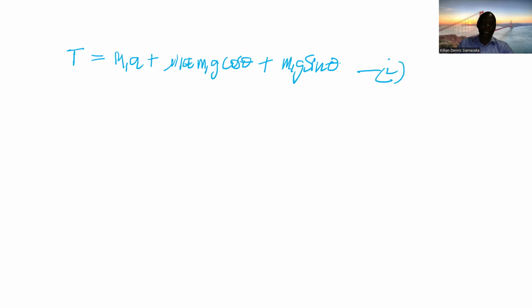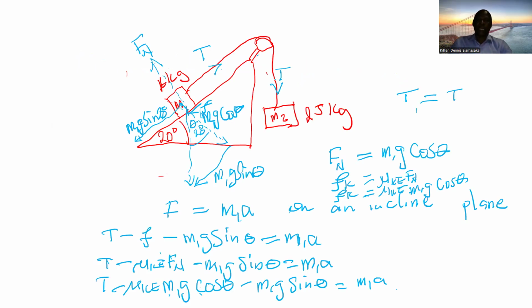And so the other equation which we have is based on also the other object, mass 2. We know that this object here is moving downwards, meaning that m2 g, or the weight of this object, is greater than the tension.